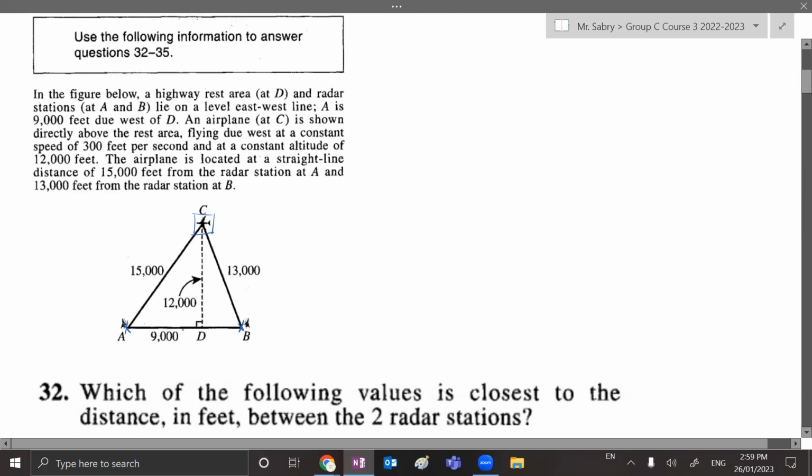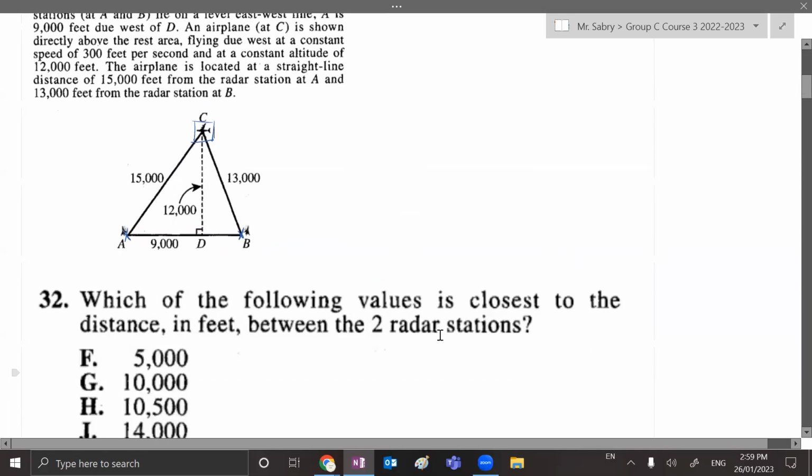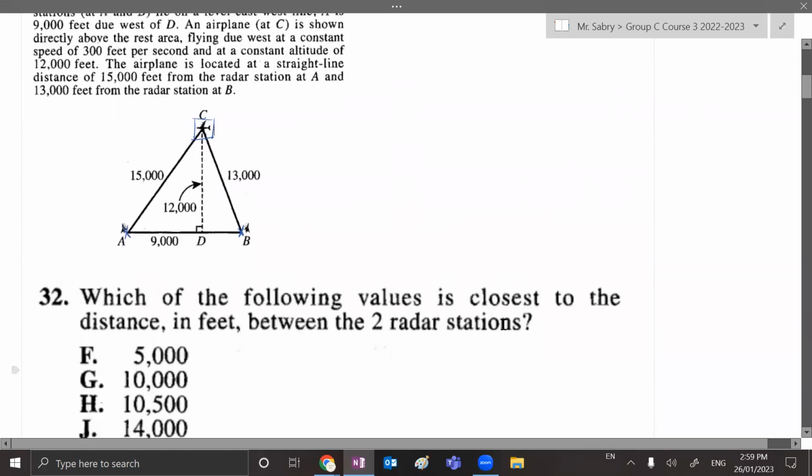The distances between the radars and the plane, the distance between the radars and each other, and the height of the plane or the distance between the plane and the earth is given. So which of the following values is closest to the distance between the two radars? The distance between the two radars means I need to know the distance between this point here and this point here, B.